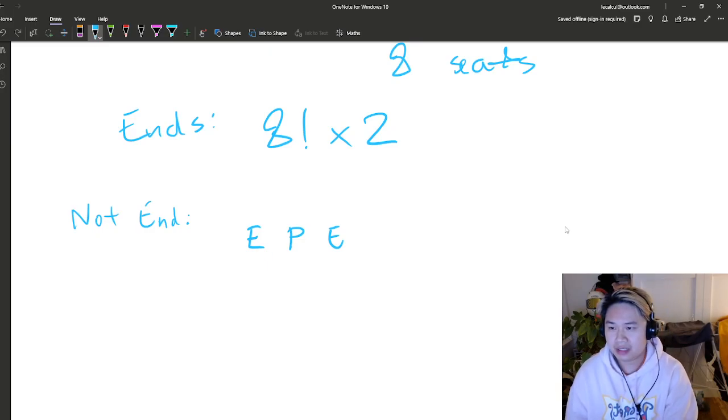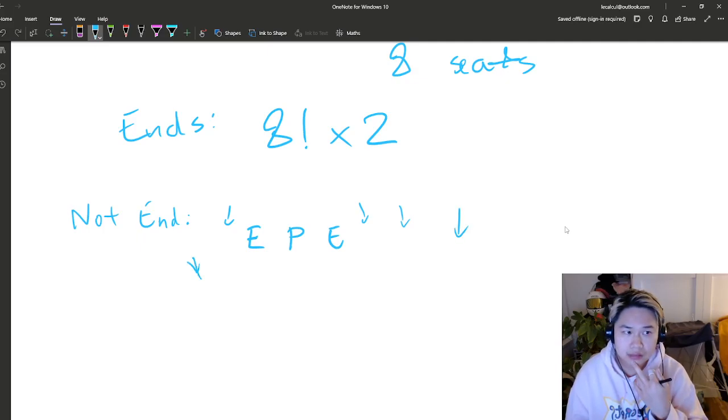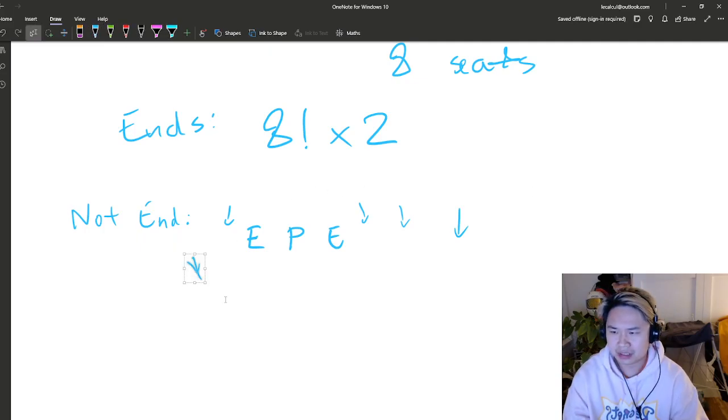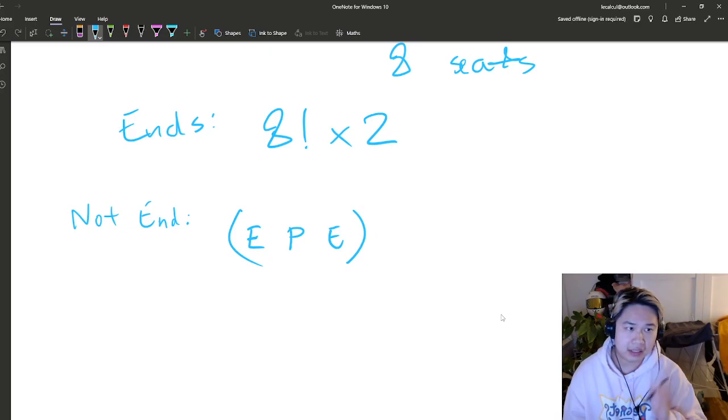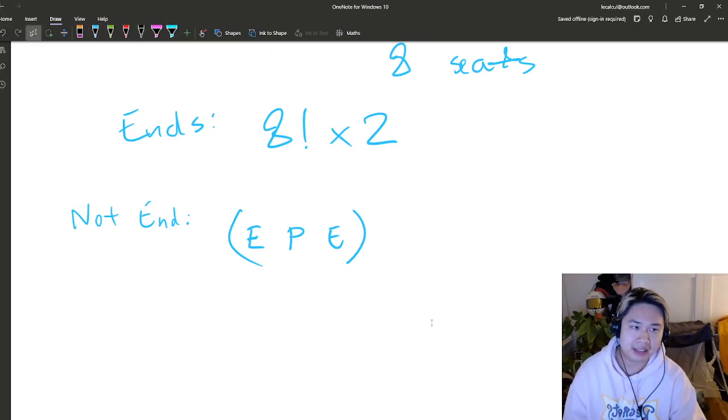And then you essentially have to fill in everywhere around him. Oh, so then this just becomes a grouping question again. So basically, you consider Peter, empty has to be a thing if he's not at the end.